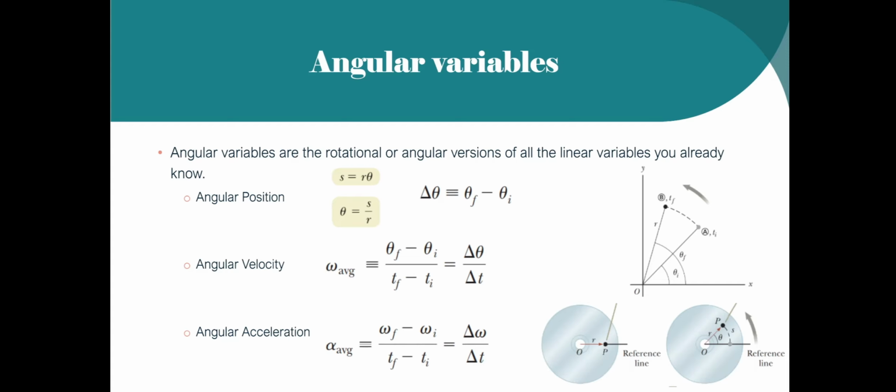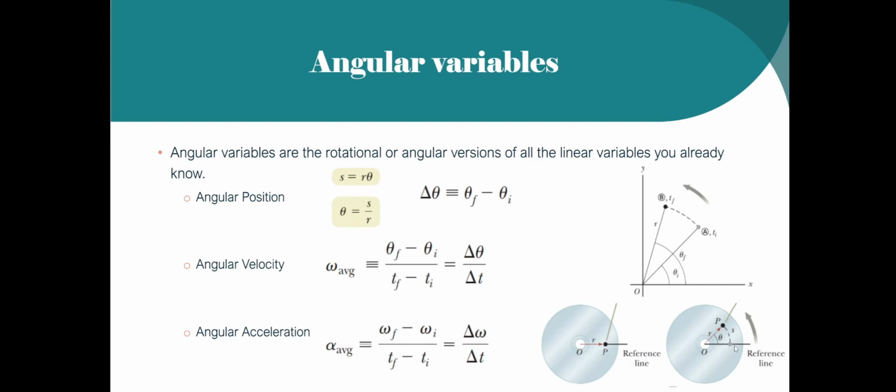Now, as we undergo a displacement, not linear but rotational, this disc rotates, and it will have a displacement of an angle theta. The radius stays the same, but you see now point P has moved from down low to up top, and it has gone through a displacement of an angle theta. That is the angular displacement.